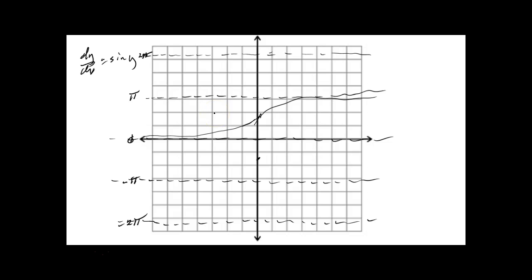Sine of negative pi halves is minus 1. So this will have a slope down here, and this has to be like this. And then this one would be like this, and this one would be like, whoops. Okay, it comes in late, but it does.